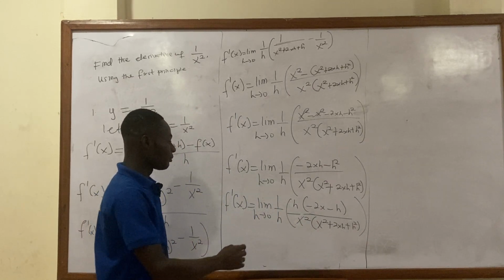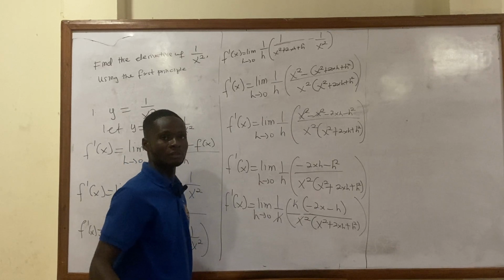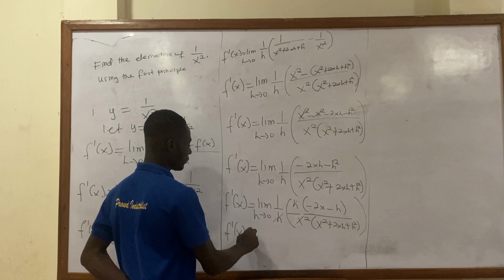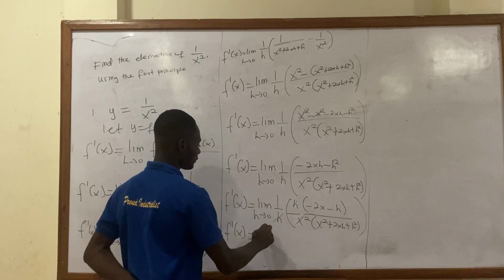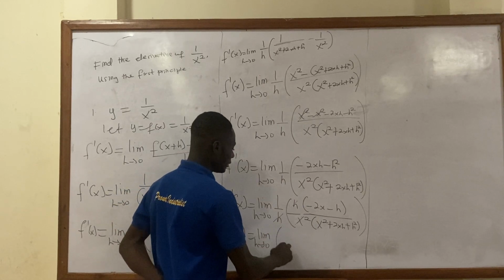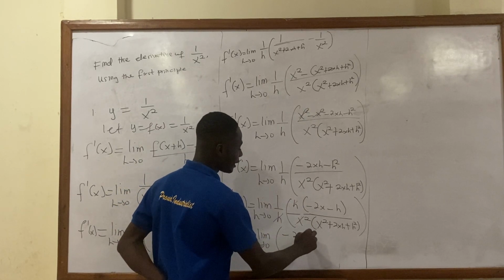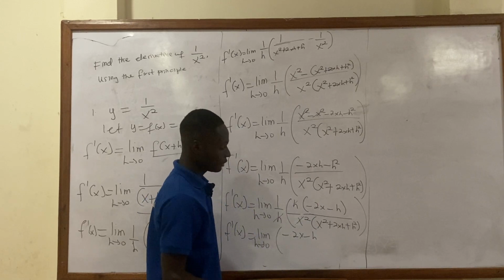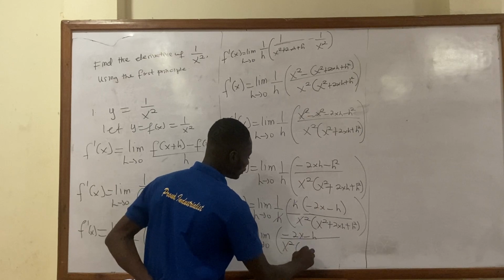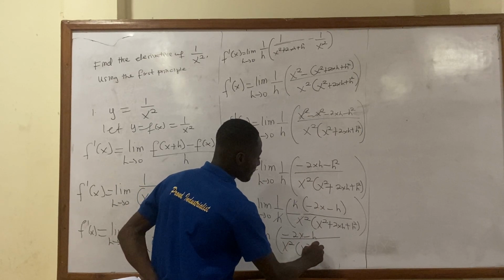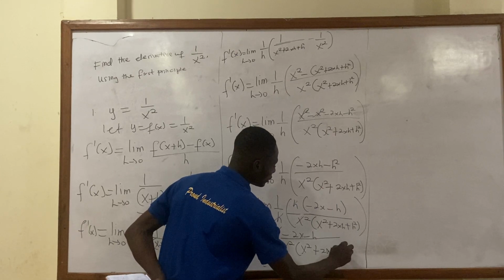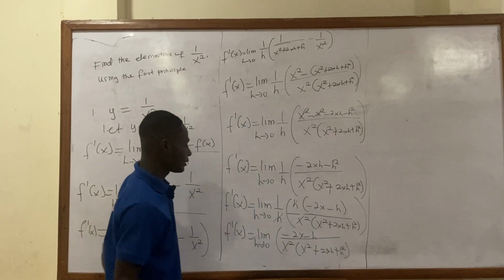From here, this h can cancel off this h. So we have first principle is equal to the limit as h approaches 0 of minus 2x minus h over x squared into x squared plus 2xh plus h squared.